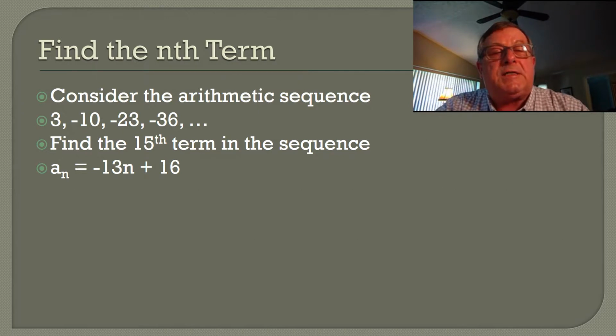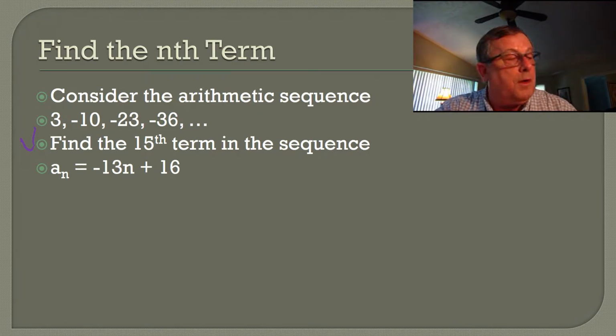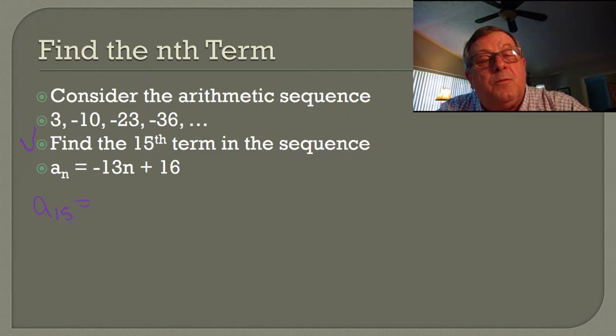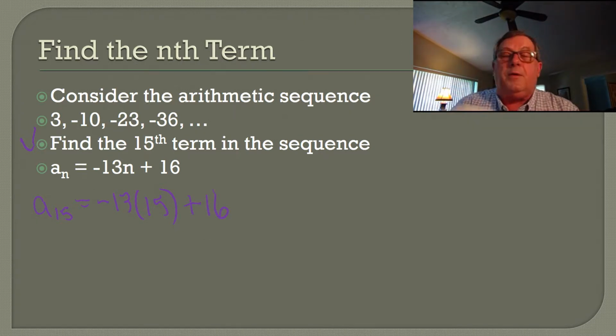Okay, so we're moving to the next step, where we're now being asked to find the 15th number of the sequence. And so let's use the formula that we developed in the previous slide and see if we can't determine that. So I'm going to substitute in for n now, 15. So I'm trying to find the 15th number of the sequence, and that's going to be equal to -13 times 15, plus 16. Okay, so I'm going to jump over here to my calculator.